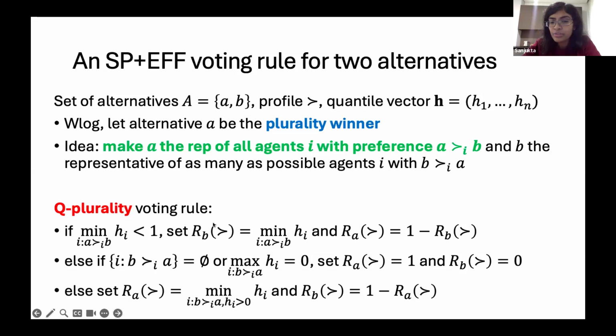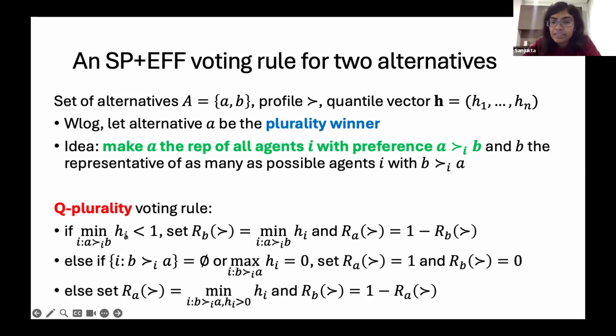This is why we look at the minimum value of hi among the agents who like A better than B, and this minimum value is assigned as the probability mass for B, and then the remaining is assigned to A. Then every agent who likes A better than B has A as their representative.